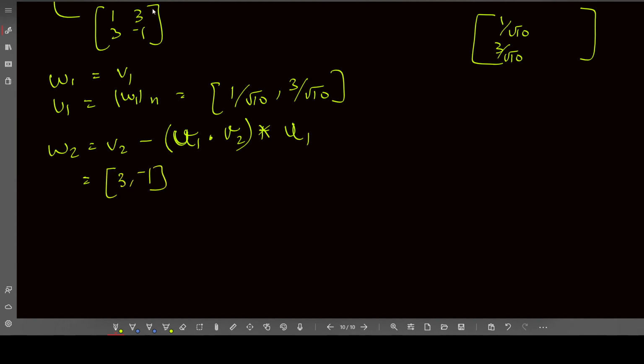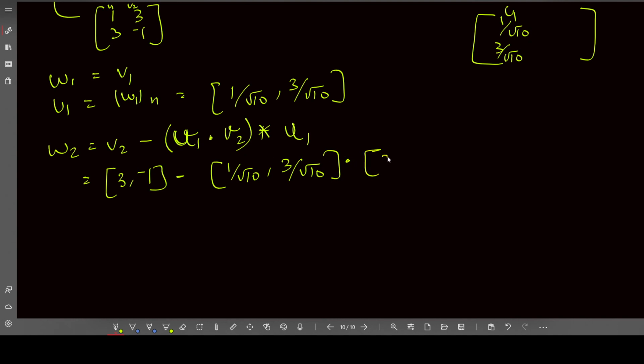Okay, this is your V2. V1 and V2, right? So it's 3 comma minus 1 minus U1, which is this vector: 1 by under root 10 comma 3 by under root 10, into V2.